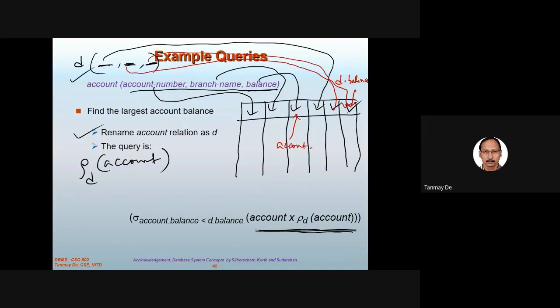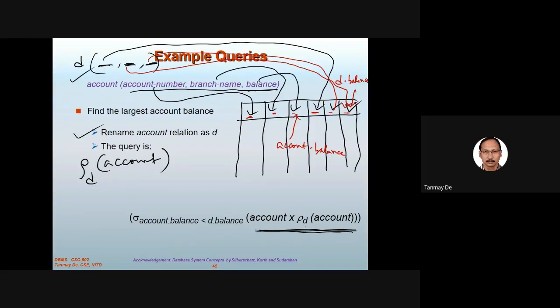Is it clear now? This is account dot account number, account dot branch name, account dot balance. This is D dot account number, D dot branch name, D dot balance. Up to that it is clear?